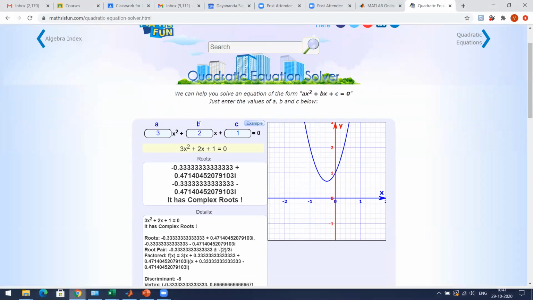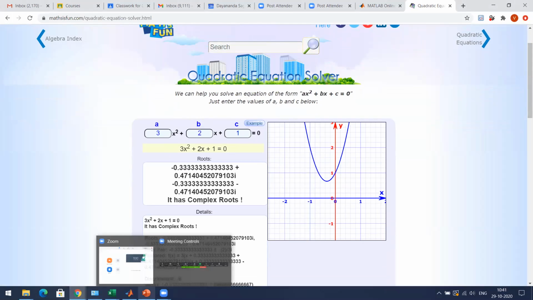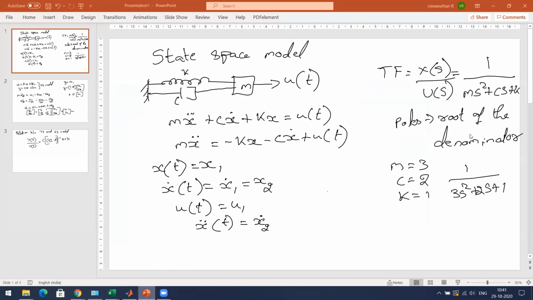Yes, sir. Okay. 3s square plus 2s plus 1. The roots are minus 0.33 plus 0.47i and minus 0.33 minus 0.47i. So these are the roots of this quadratic equation. So the poles will be that only.